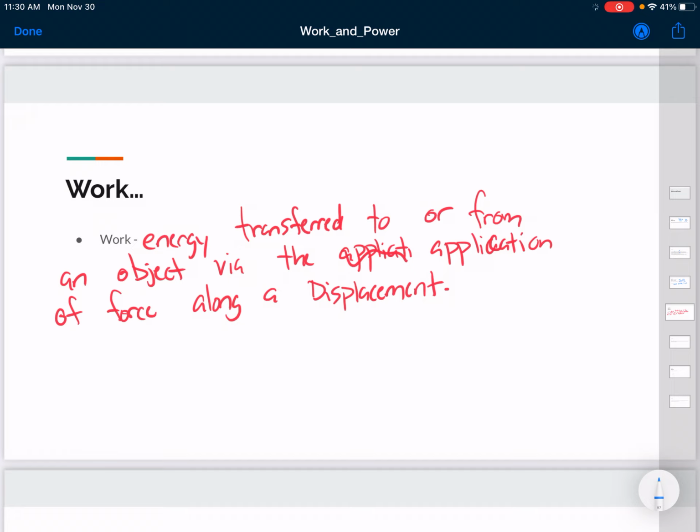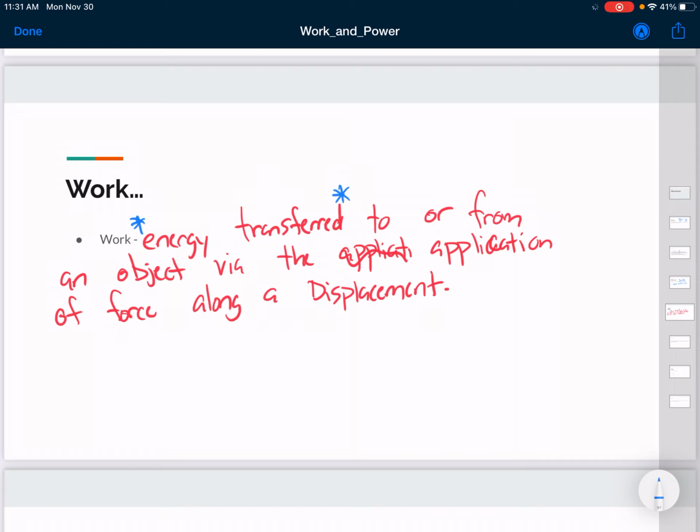I am going to talk about this definition and how it's going to lead to our formula. So work, the definition reads as energy transferred to or from an object via the application of force along a displacement. Okay, so the big things here are, one, we are using energy, and how energy is changing, how energy is transferring.